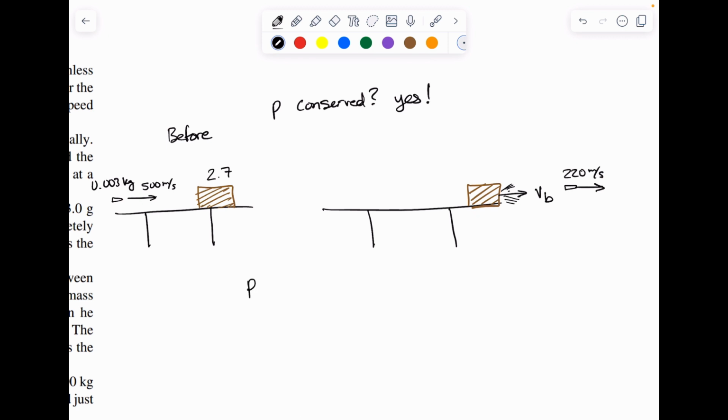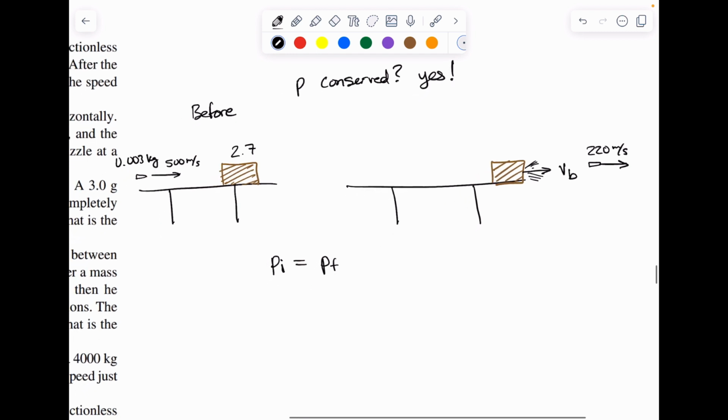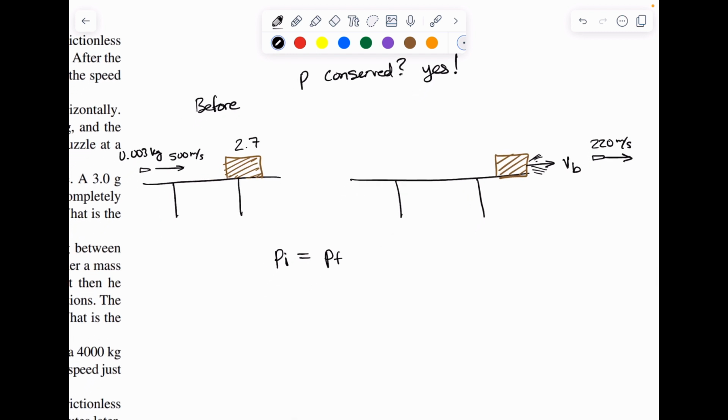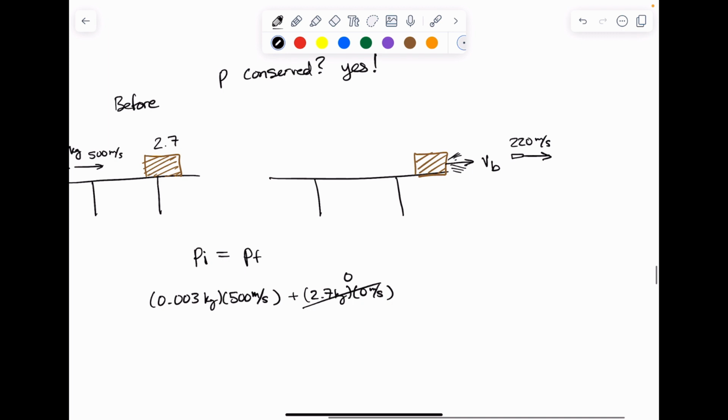All right. P initial equals P final. Initial momentum: the bullet has 0.003 kilograms times 500 meters per second plus 2.7 kilograms times 0 meters per second, so this whole thing will go away.